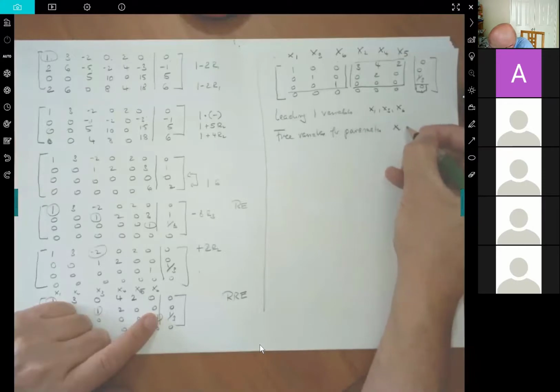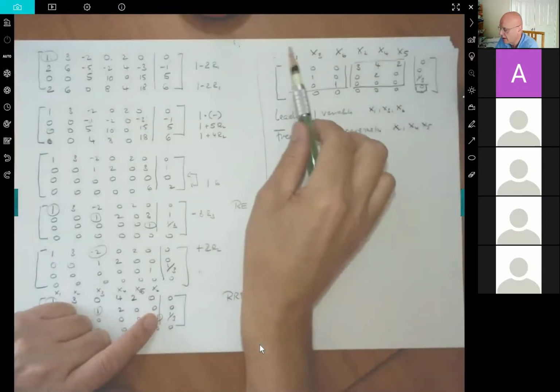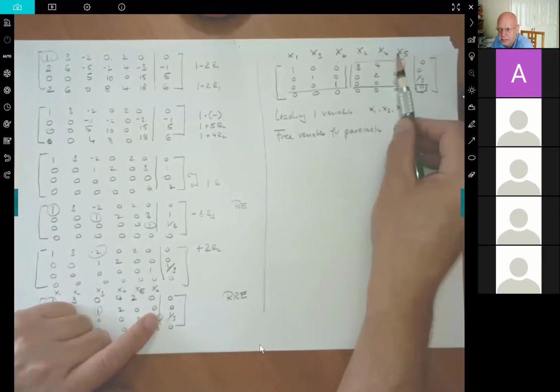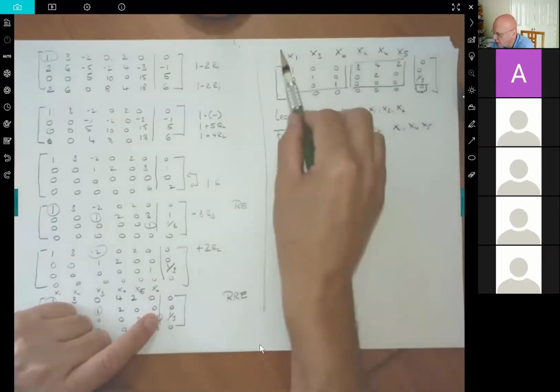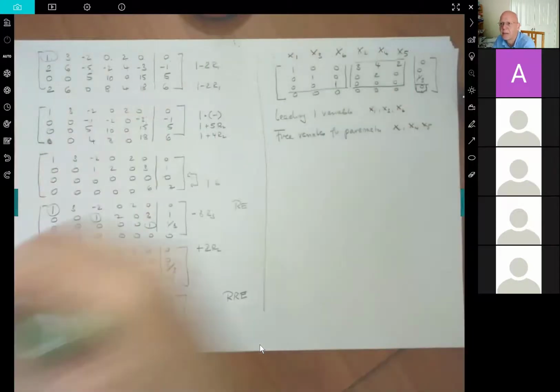These are x2, x4, and x5. And also, obviously, a variable is either a leading 1 variable or a parameter or free variable. It's either this or this. So the sum of the 2 types of variables is always equal to the number of columns.